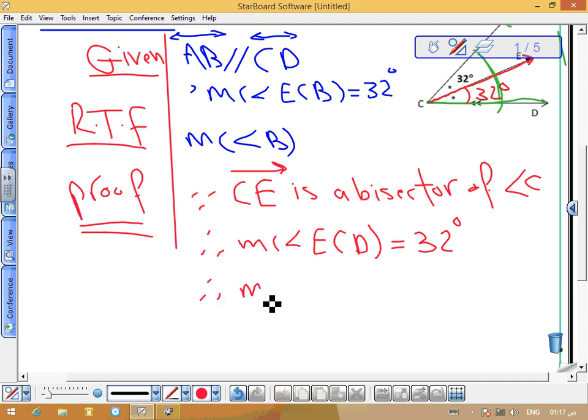Therefore, measure of angle C equals 32 times 2 equals 64 degrees.